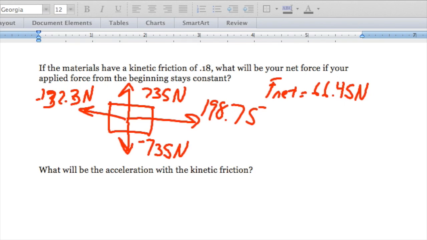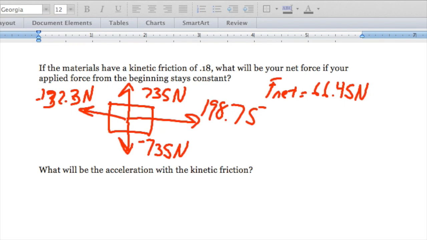And now from here, I go back to the same equation again when it says below it, what will be the acceleration with the kinetic friction. So I take my mass of the object because I'm looking to find the acceleration. So F is equal to ma, so in this case it is going to be F divided by m equals a. So I have my force net of 66.45.